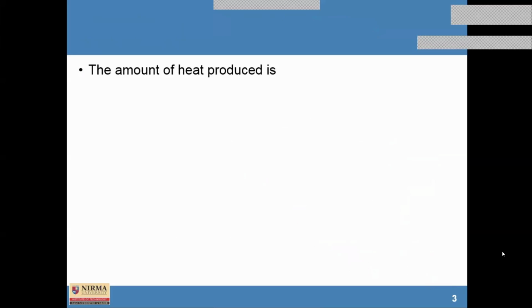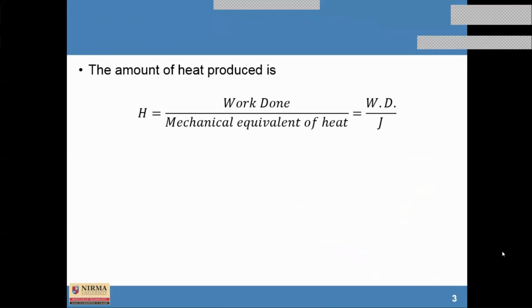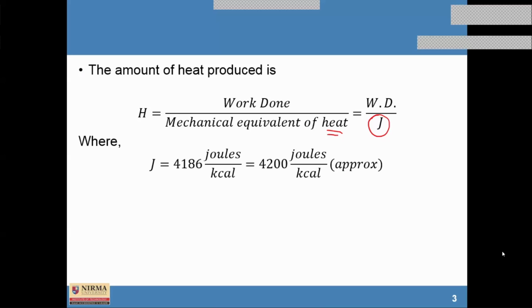Now the amount of heat produced is work done upon the mechanical equivalent of heat, that is considered as J, the mechanical equivalent. So H can be written as work done upon J, the mechanical constant, and J is equal to 4186 joules per kilocalorie, or approximately 4200 joules per kilocalorie.